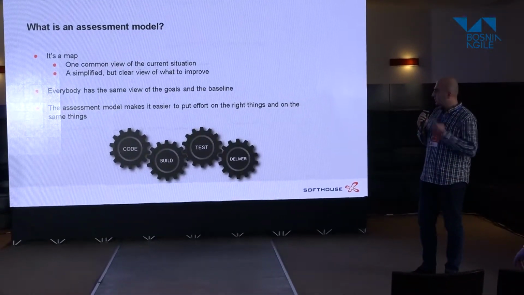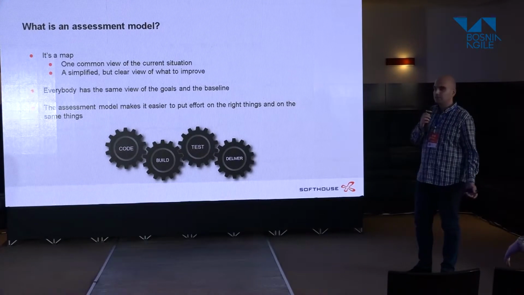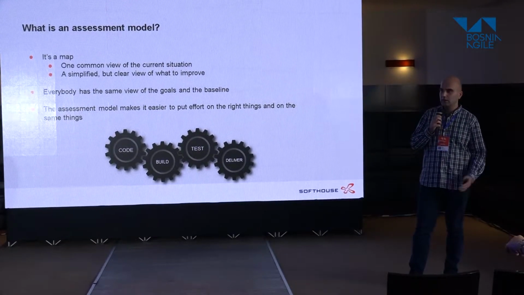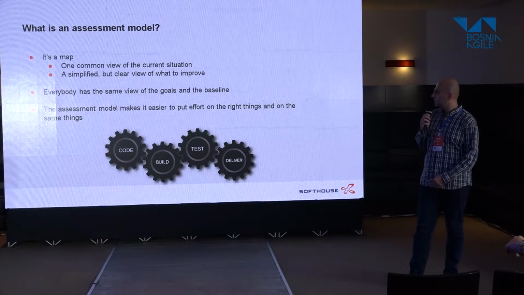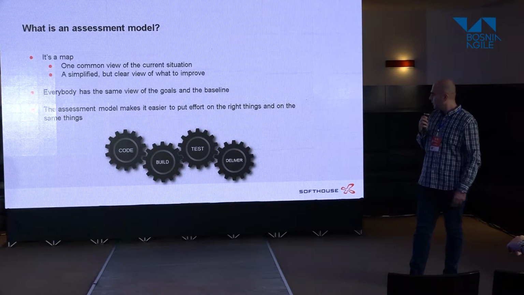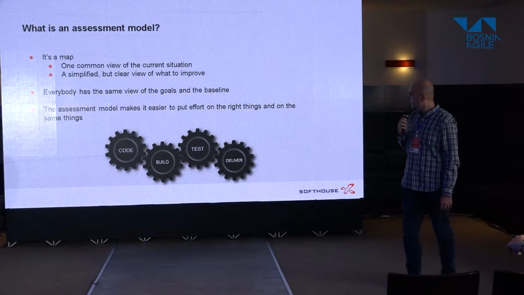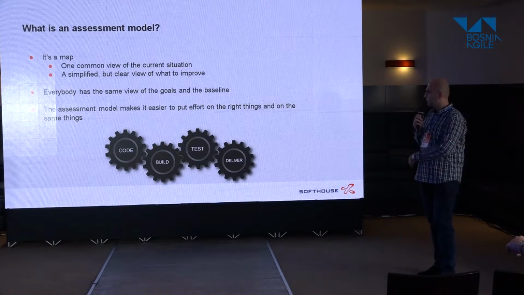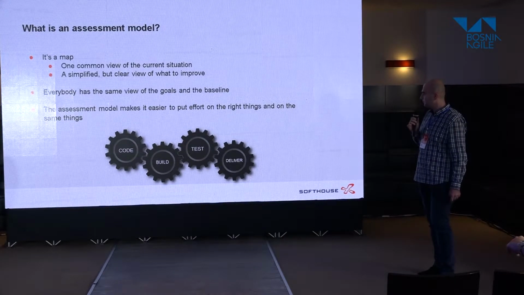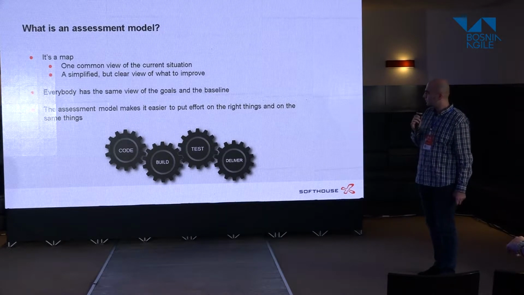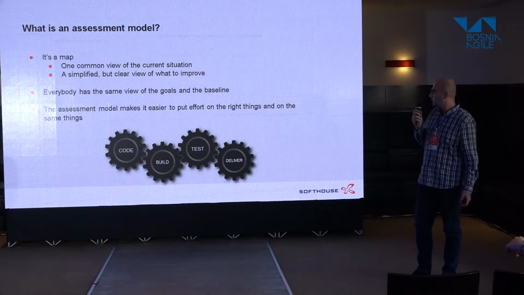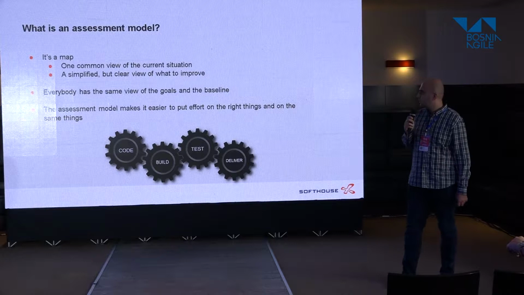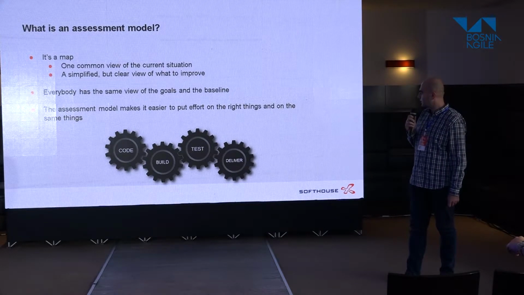In our company, we create one PDF document, and it contains the current situation of the project with all this stuff: code, build, test, delivery. There are also defined future tasks for these application stages. Everybody in the team has the same view and goal of the improvement.